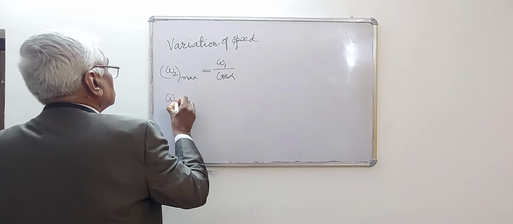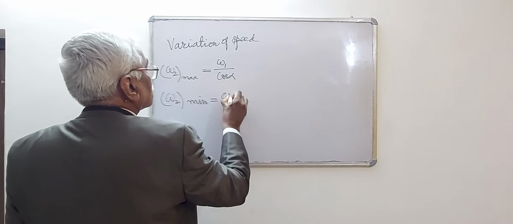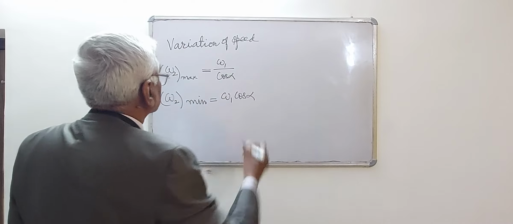Omega 2 minimum is given by omega 1 cos alpha. We have seen it like this.